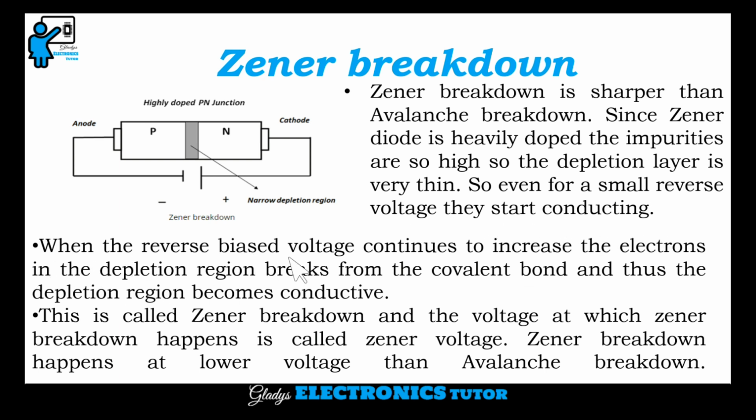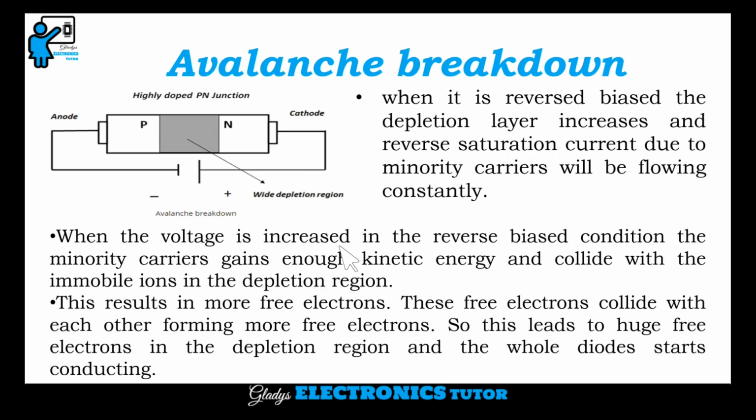When the reverse biased voltage continues to increase, the electrons in the depletion region break from the covalent bond and thus the depletion region becomes conductive. This is called Zener breakdown, and the voltage at which Zener breakdown happens is called Zener voltage. Zener breakdown happens at lower voltage than avalanche breakdown.